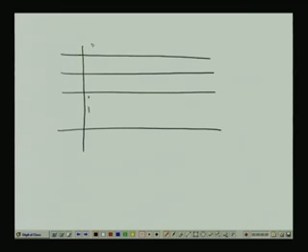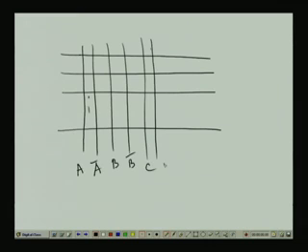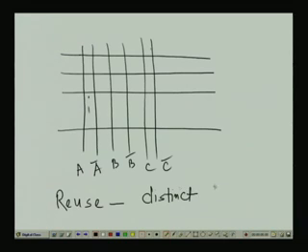See here, if it is a 3 input, so this is a 3 input, say I have 6 such columns, and why are we telling this is a reuse? Because I am taking the distinct product terms.